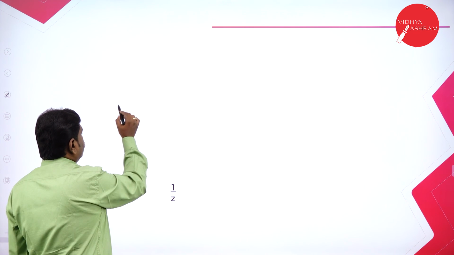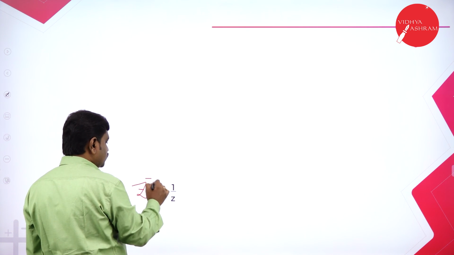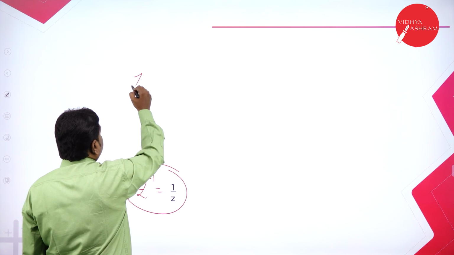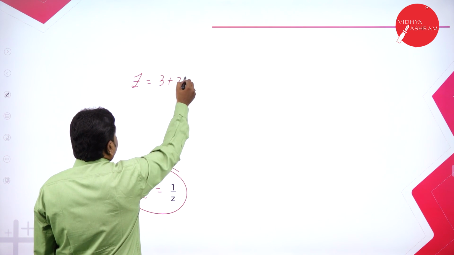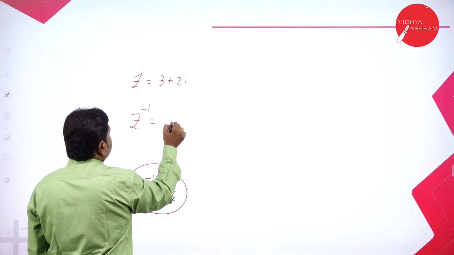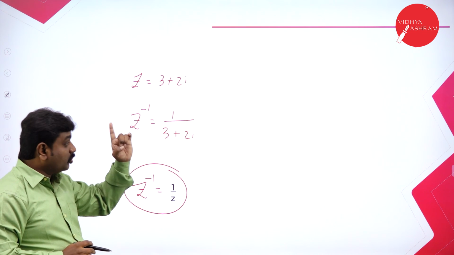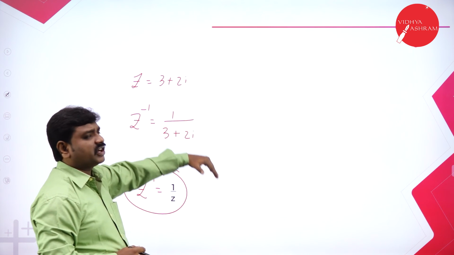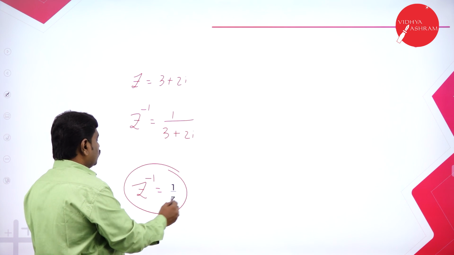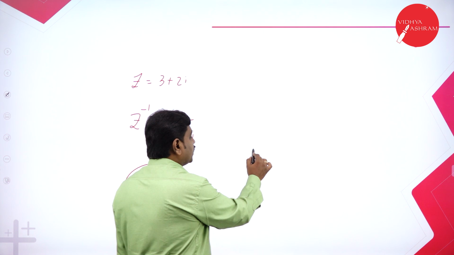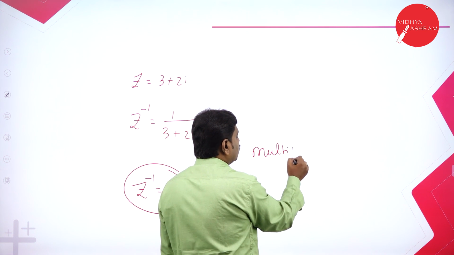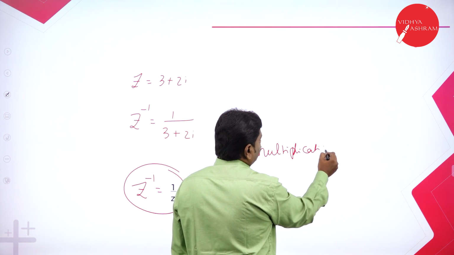So I told you, Z inverse is 1 by Z. If I give Z equal to 3 plus 2i, Z inverse is 1 by 3 plus 2i. But if you write like this, they will not give marks. Any problem should be in A plus iB form. Further we'll convert it into A plus iB form. For now, you should know what Z inverse is. Multiplicative inverse is the reciprocal. Very, very important.